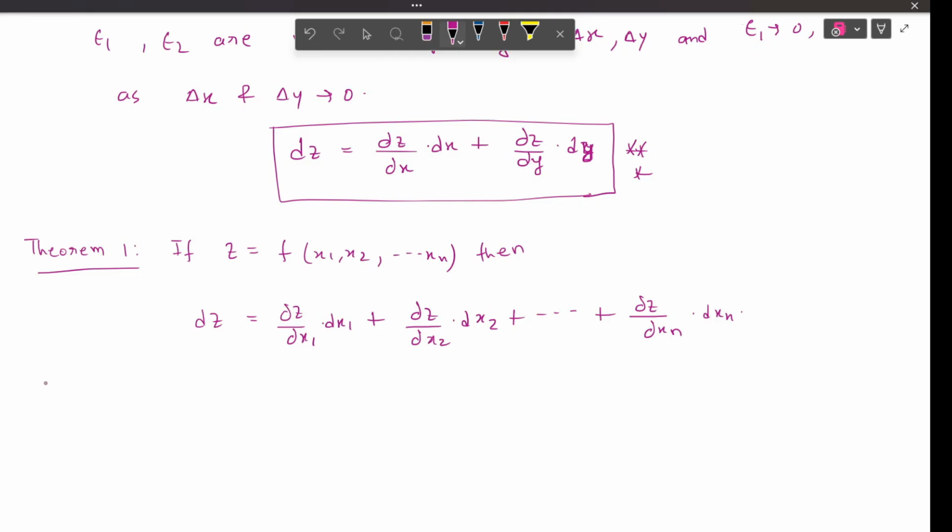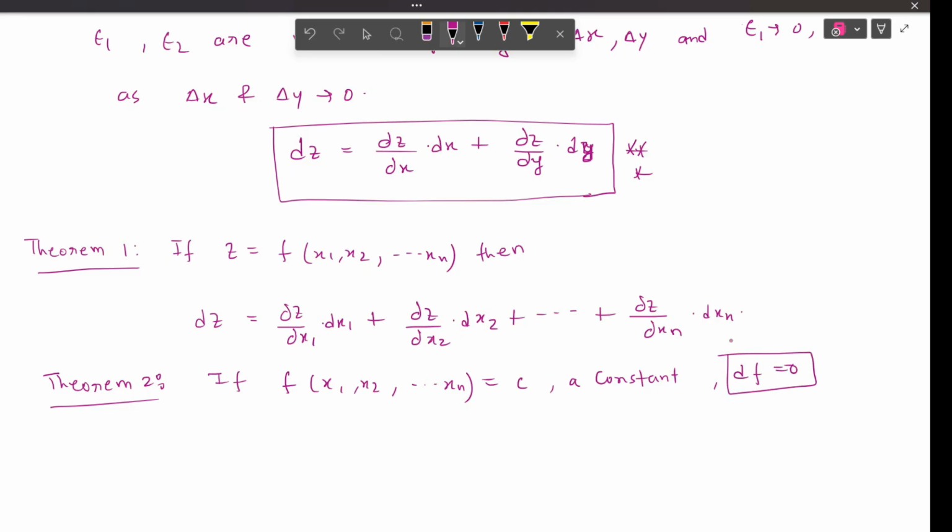Now let us see theorem 2 regarding this. Theorem 2 is, if f of x1, x2 up to xn is c, a constant, then remember df should be 0.